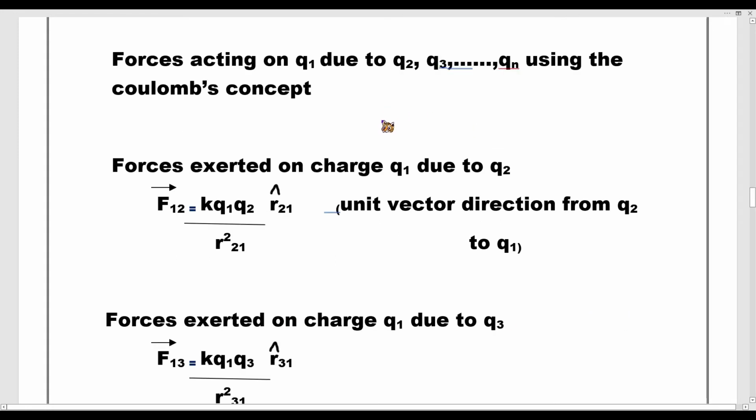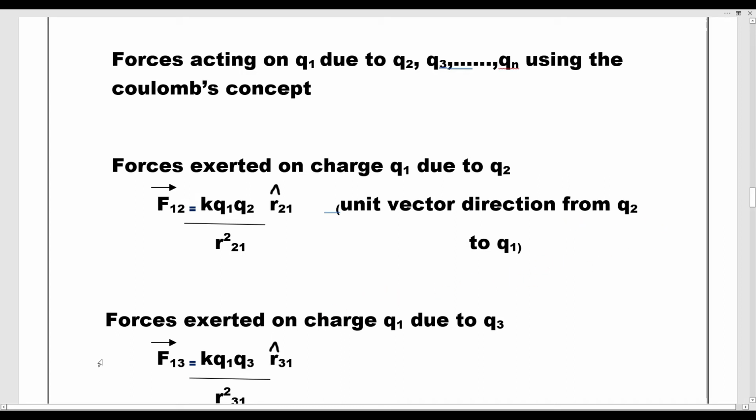Students, now we are going to find individual forces acting on Q1 due to Q2, Q3 and so on up to Qn using the Coulomb's concept. The force exerted on charge Q1 due to Q2 is given by F12 vector is equal to K Q1 Q2 by R21 square R21 unit. The unit vector represents the direction from Q2 to Q1.